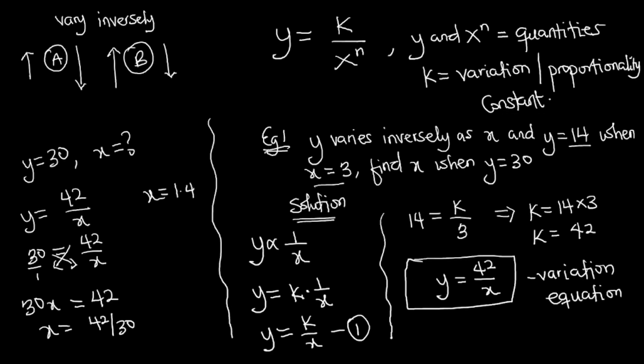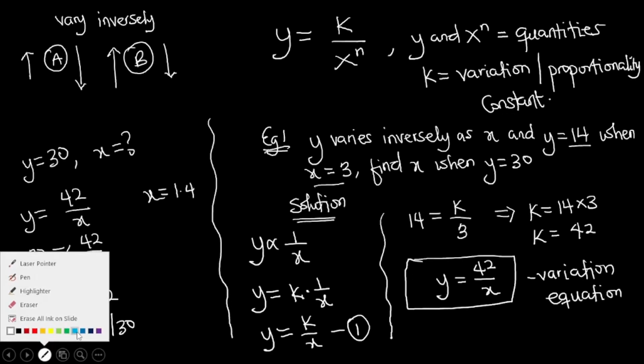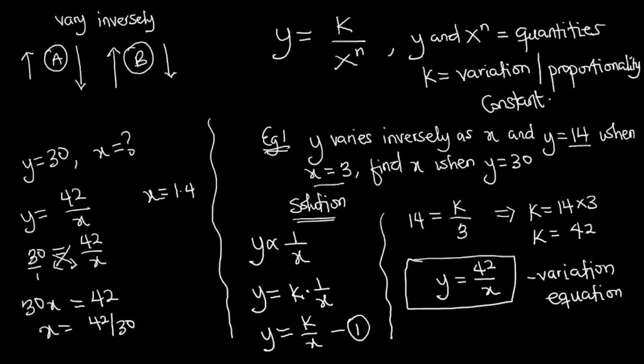Now let's note something. Let me use a different color to denote that. We can see that in the first instance, when y was 14, x was 3. So y was big over here and then x was small over here.